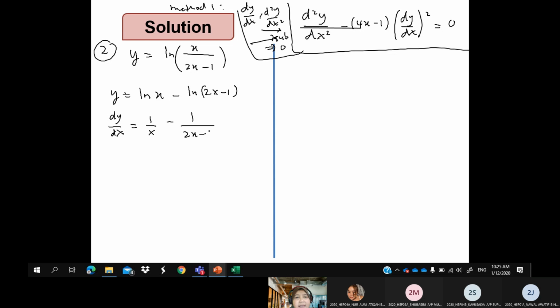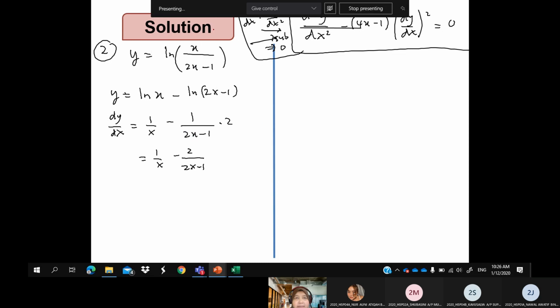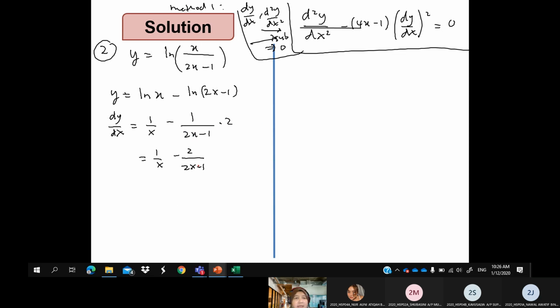Now you get 1 over x minus 2 over 2x minus 1. Then the next step, I'm going to differentiate one more time. Quite tough, but it's okay. Better to substitute and show the same as the first method, but it's okay.